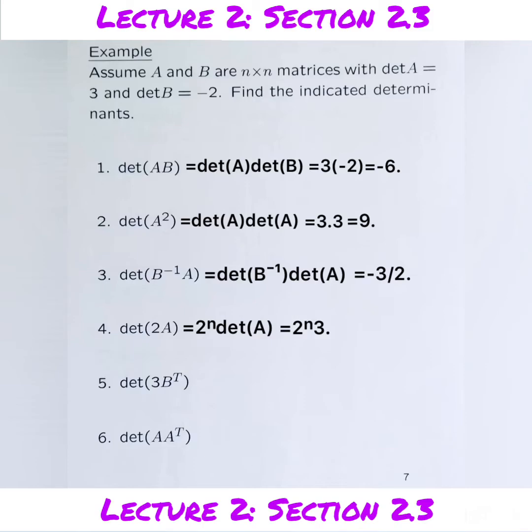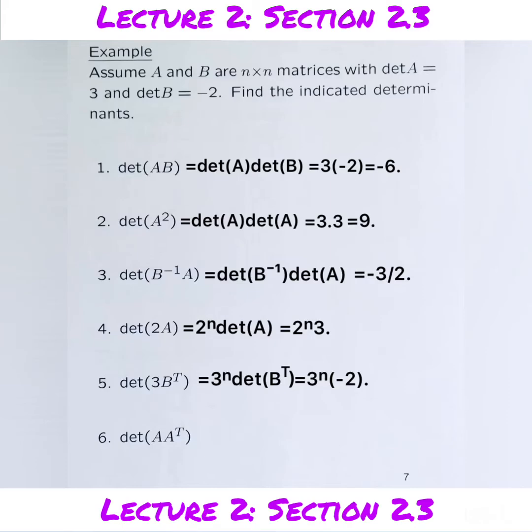So that becomes 3 to the power of n multiplied by the determinant of B, which in this case is minus 2. So it's 3 to the power of n times minus 2.